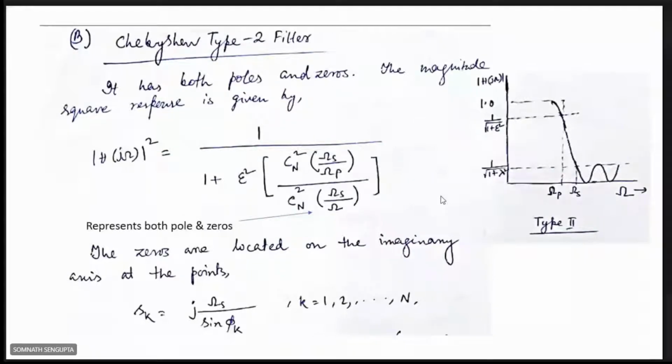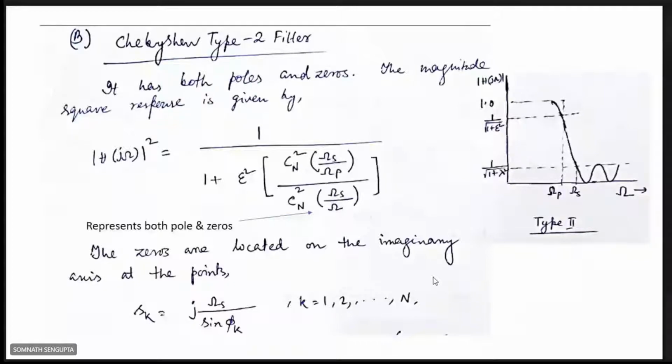So zeros are there where at some specific frequency the gain would be zero. Here you see these ripples, and in the ripples the gain is zero at some frequencies. Those are defined by this extra term, Cn square omega s by omega. Here we are directly writing the formula. It is a very critical calculation where the poles and zeros should be, so it has both poles and zeros.